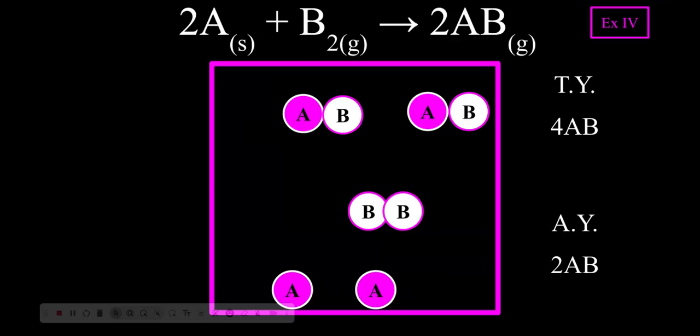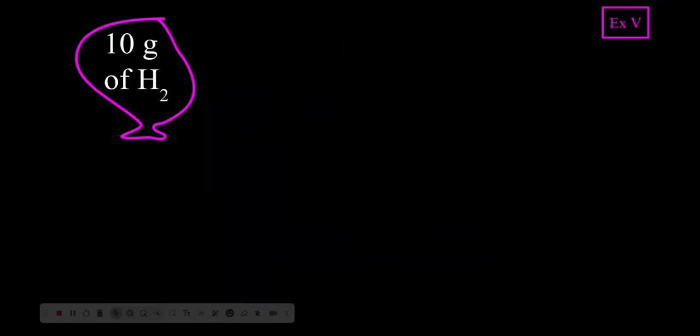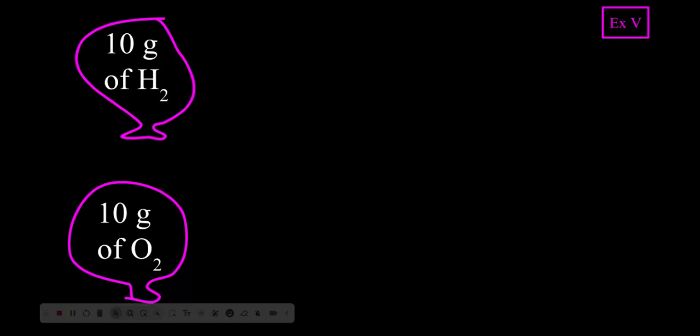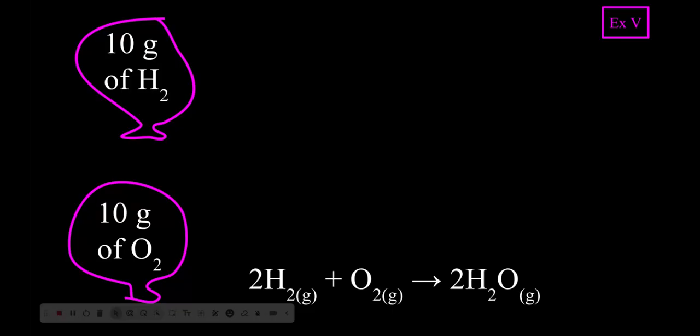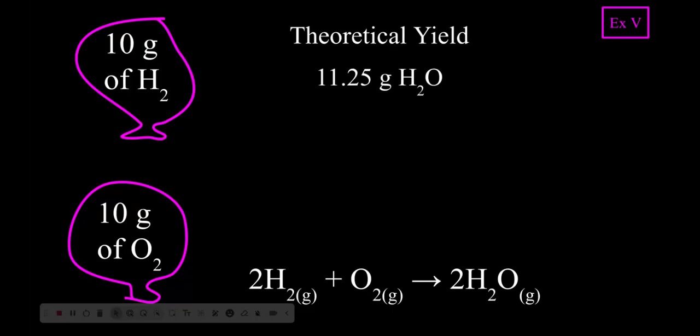All right. Now, let's say I start with 10 grams of each of these gases. This is the rocket fuel I use to get to space. Here's our chemical equation that tells us what we're going to make. Now, I'm not going to show the stoichiometry here. That's for a different video, but for this theoretical yield, you're going to need to do some math to predict and figure it out.